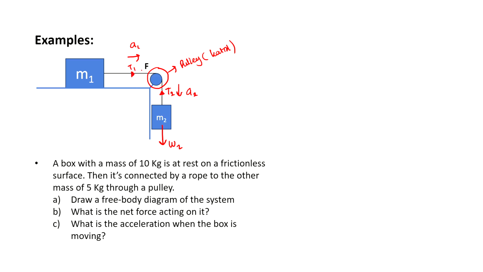As usual, we can also draw the free body diagram. This is the normal force and this is the weight force. There's a question maybe: why is there no normal force on M2? As we have already discussed earlier, the normal force can also be called a contact force, so if there's no contact with any surface, we can't get a normal force.